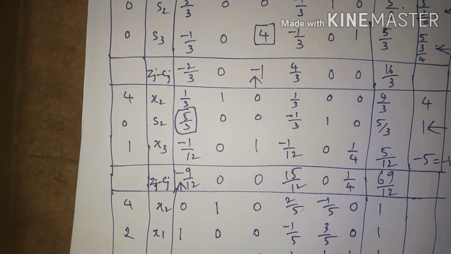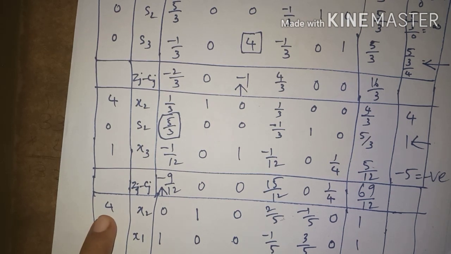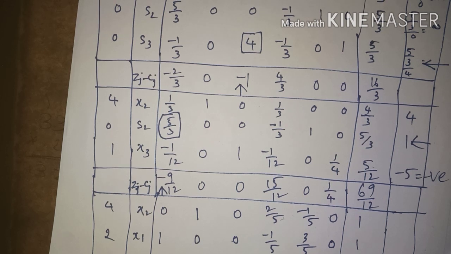Now here the simplifications we have to do. 4 into 2 by 5. Simplifications, do it carefully. 4 into 2 by 5 minus 2 into 1 by 5 minus 1 by 10 minus 0.